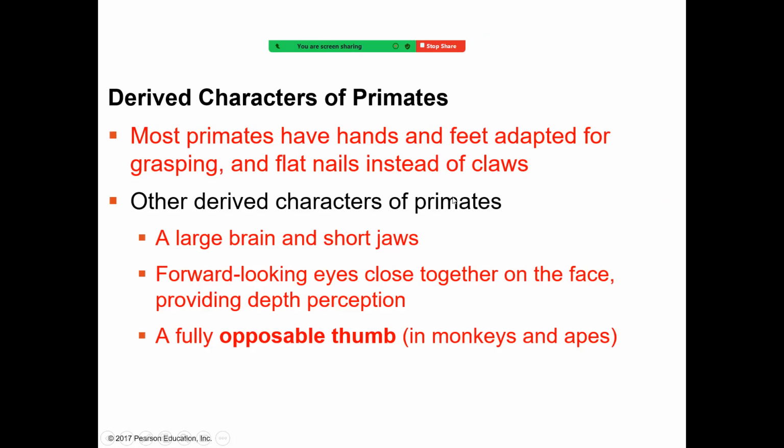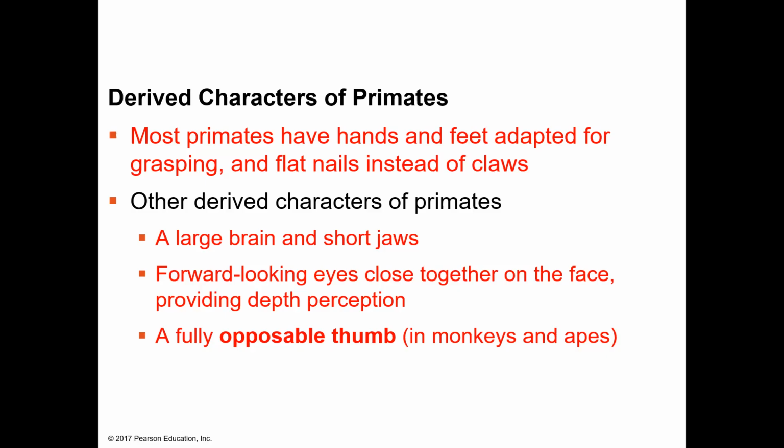Some other derived characters that we find in primates: very large brain, short jaws, forward-looking eyes close together on the face, which provides depth perception. Typically, we think of forward-facing eyes that are close together as a configuration of eyes for predators, whereas prey are more likely to have large eyes on the sides of their head, so they have a more 360-degree view of the world.